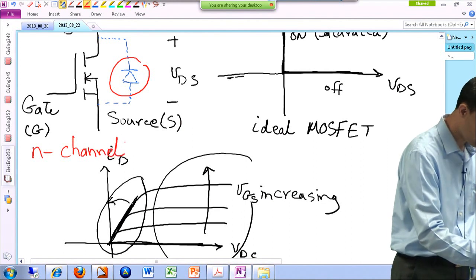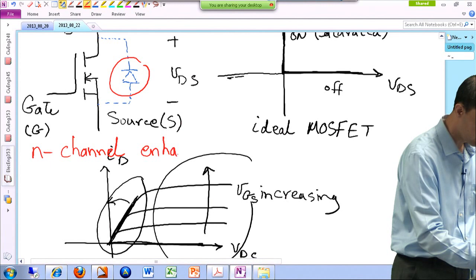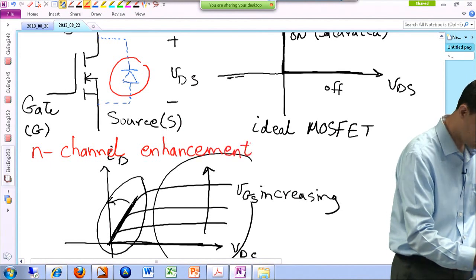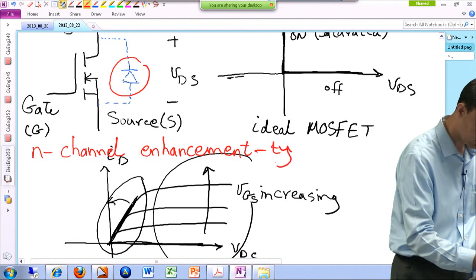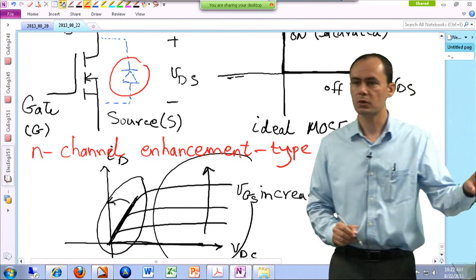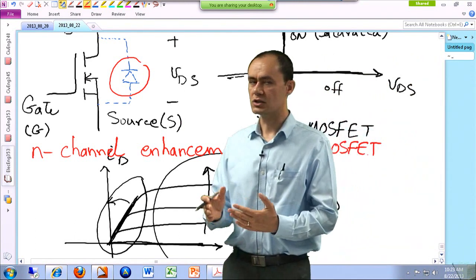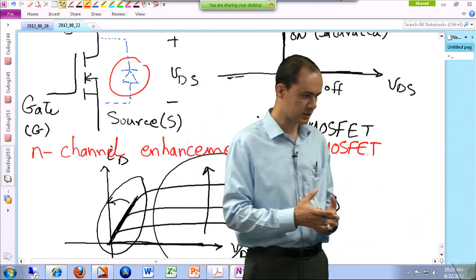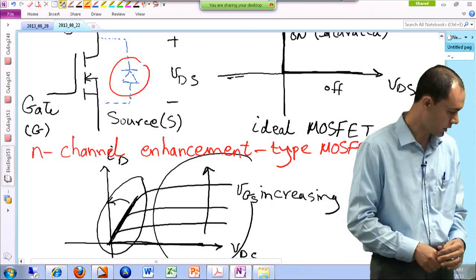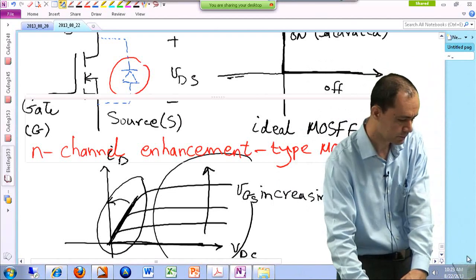And they are mostly enhancement type. All right, so the symbol that I have over there is for an N-channel enhancement type MOSFET, and that's usually the typical dominating kind of MOSFET that's available on the market.